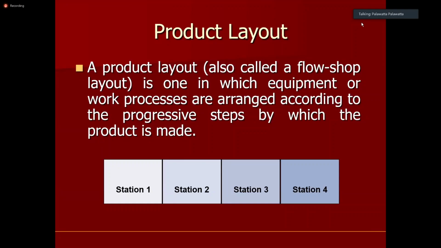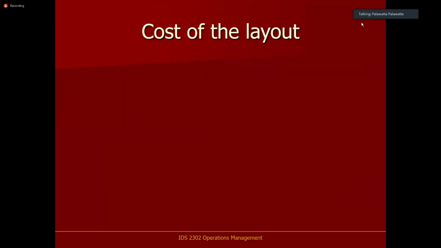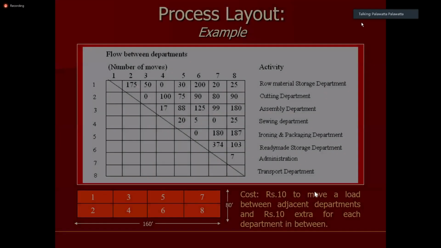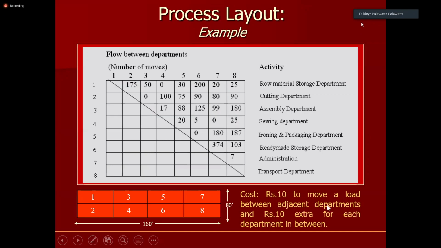You see in this example we discussed, the cost is 10 to move a load between adjacent departments, and 10 extra for each department in between.